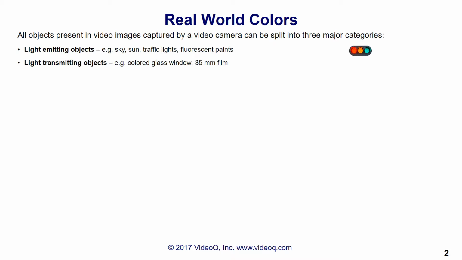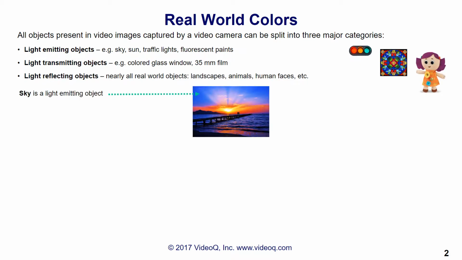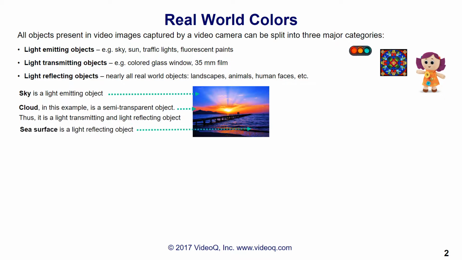All objects captured by a video camera can be split into three major categories: light-emitting objects, light-transmitting objects, and light-reflecting objects. For example, the sky is a light-emitting object, but the sea's surface is a light-reflecting object.